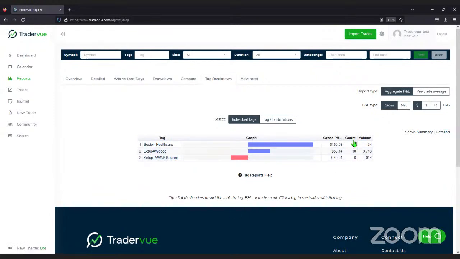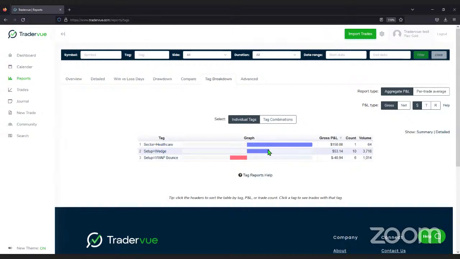So let's say that this is just an example, but let's say that we had more sample size, like more than 30 is usually a good number. For example, here my wedge setup's actually working really well. Of course, I only have like 10 samples, but let's say that it's 30 just for the sake of the example.